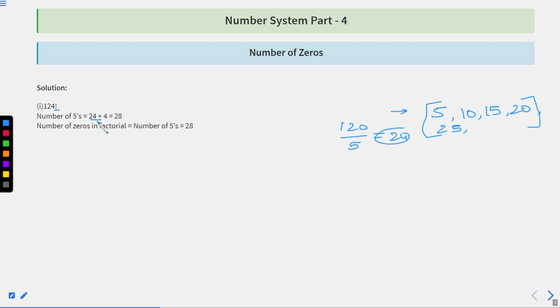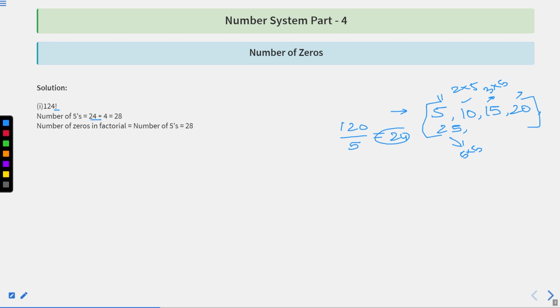And what about the others? If you look closely, 5 has only one 5, 10 has one 5, 15 has only one 5, and 20 also. But if you check 25, you are going to have two 5s, 5 times 5. That means 25 will contribute one extra 5.